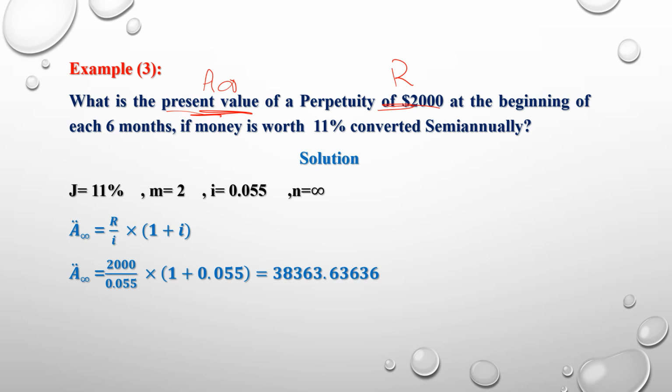So this is R, and this perpetuity is made at the beginning of each 6 months. So this is a perpetuity due. And this perpetuity is made twice a year, each 6 months, so M equals 2.